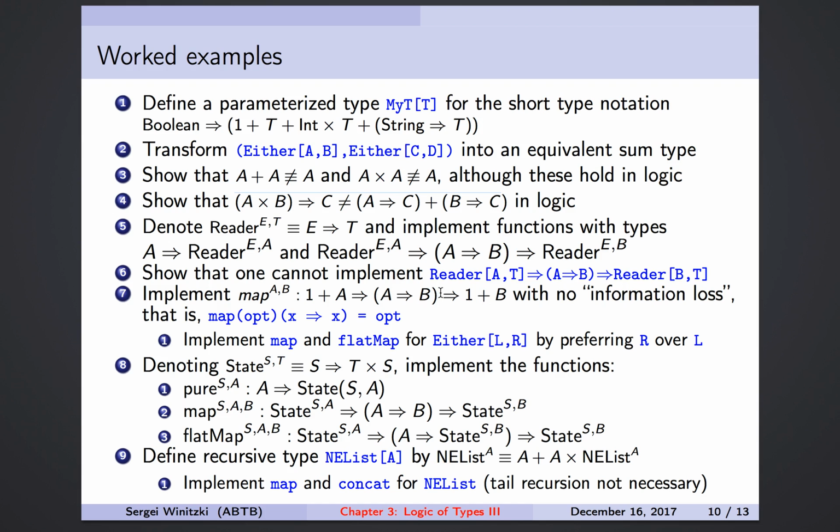Now, what would there be as information loss? The thing is that the option type has two cases, none and some B, let's say. If we have a function that returns an option, we can always return this part of the disjunction, because this is always available. This is the true part that is empty, an empty tuple or unit type, we can always return it.